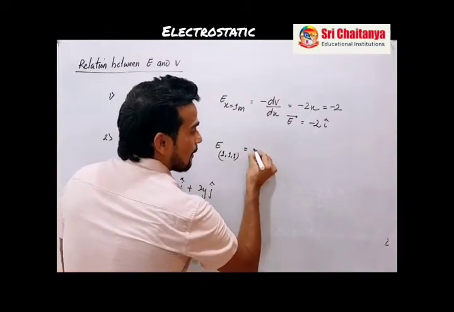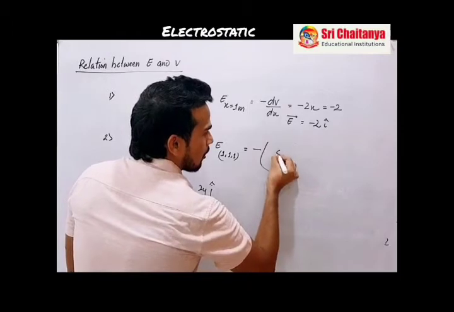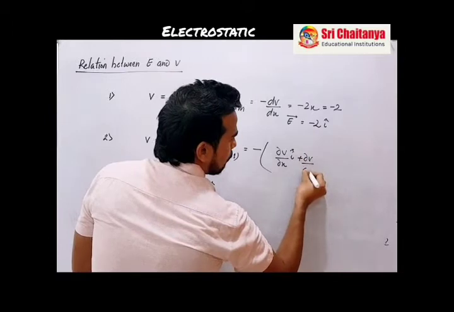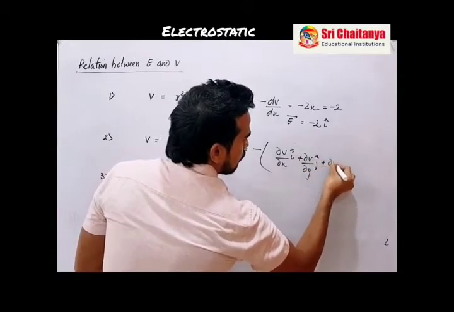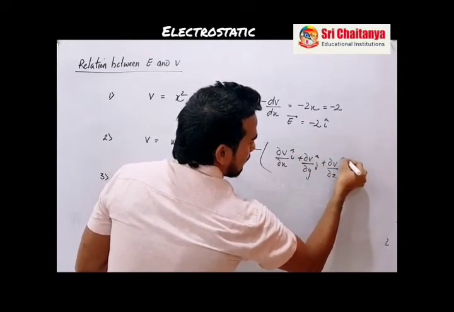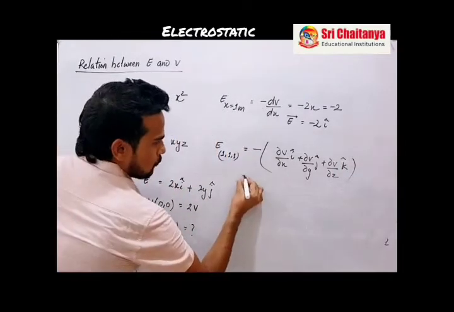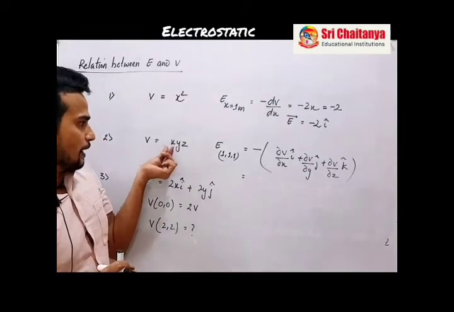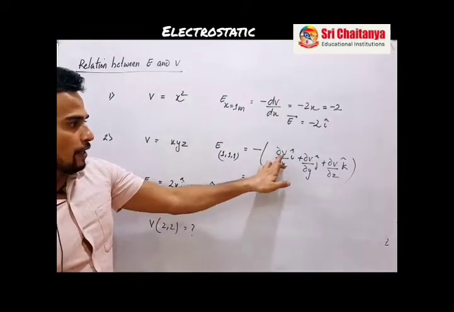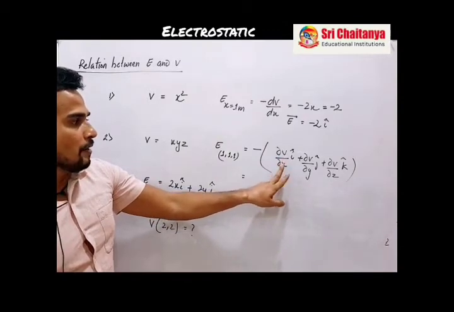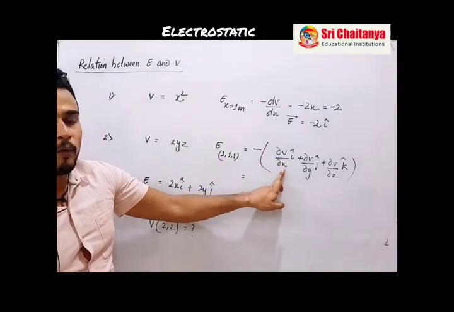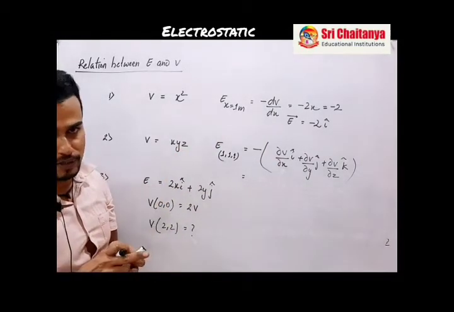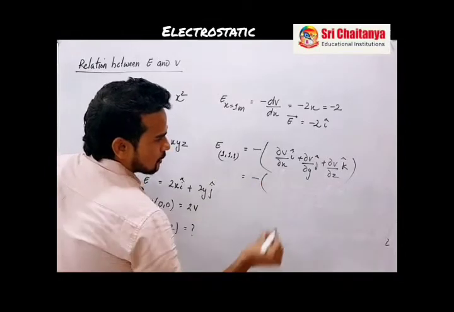From there we will get minus, you can take common, dou V by dou x i cap plus dou V by dou y j cap plus dou V by dou z k cap. Now you can do this partial differentiation. When you find dou V by dou x, you have to treat only x as variable; y and z will be constant, and constants will not participate in your differentiation. So if you use partial differentiation, this will come.